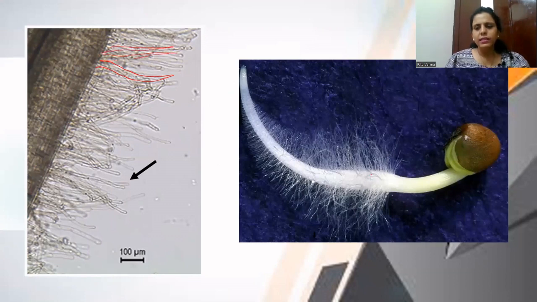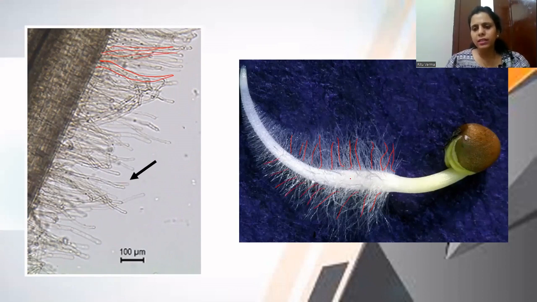This picture shows root hairs of cells present in the new radicle after the germination of a seed. So many root hairs are present because here the function of root hair cells is very important.